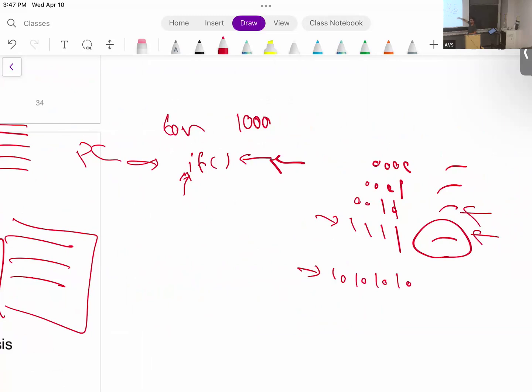So you're reading from two bimodal tables each time, and that gives you what you want. You're always shifting between this and this, and these are looking at two different bimodal tables. One says always taken, one says always not taken. And that's what you want.